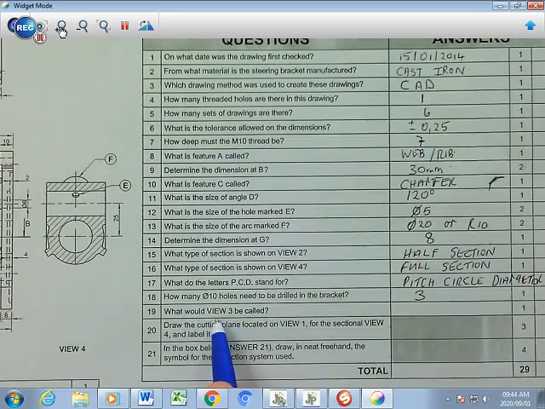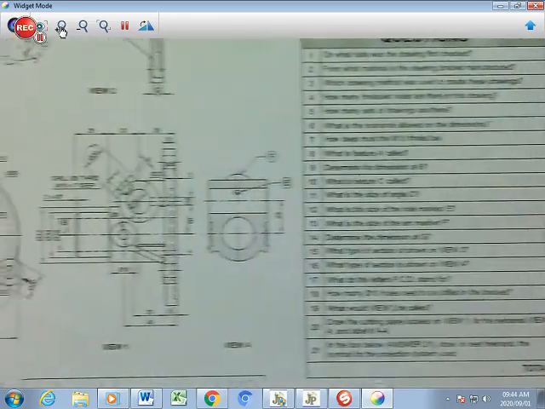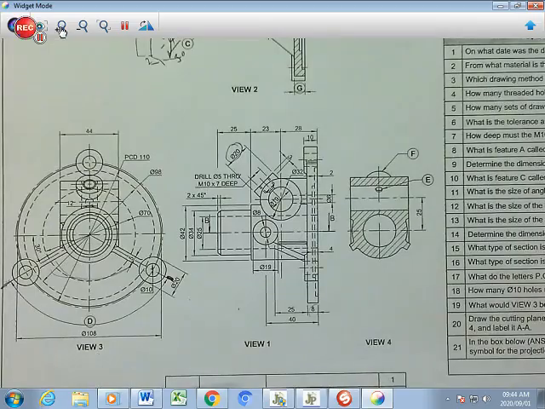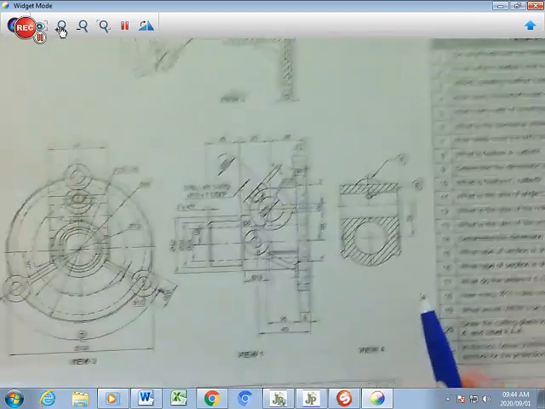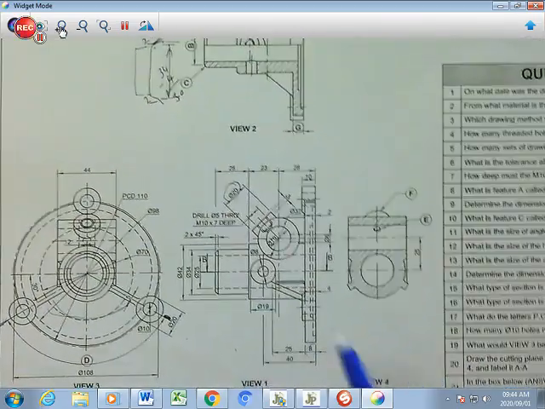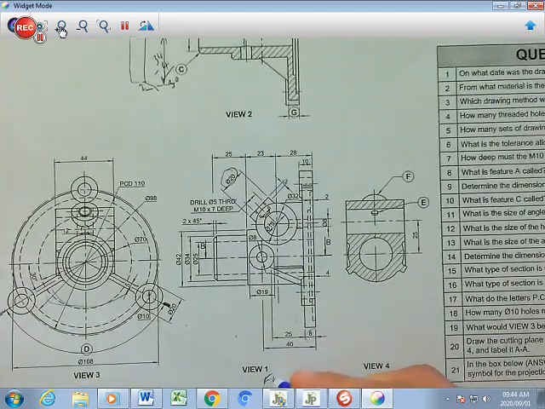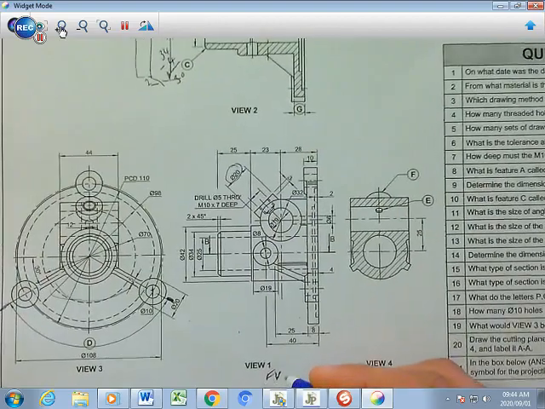What would view 3 be called? So if you go and you evaluate, that's view 3. What would that be called? Now you need to analyze. What view is this? That must be the front view. Why is that the front view?